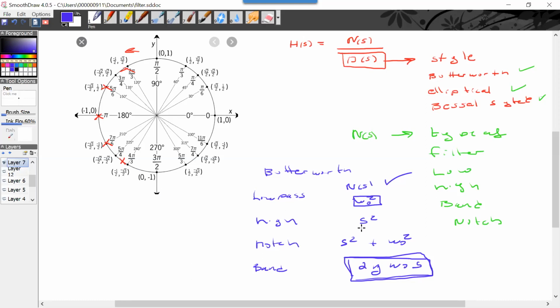Now, for exams and things, I might ask you to design a fourth order low pass filter in DF2, but really for most everything else, we're going to be doing second order.